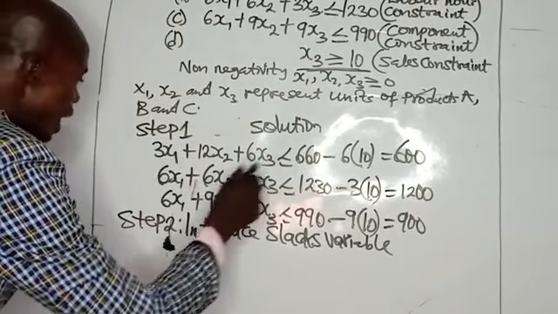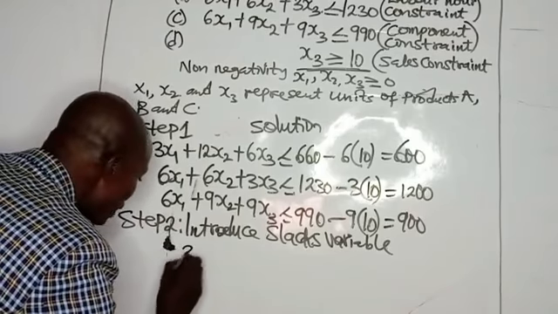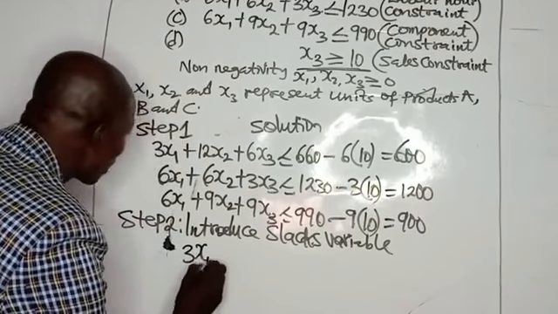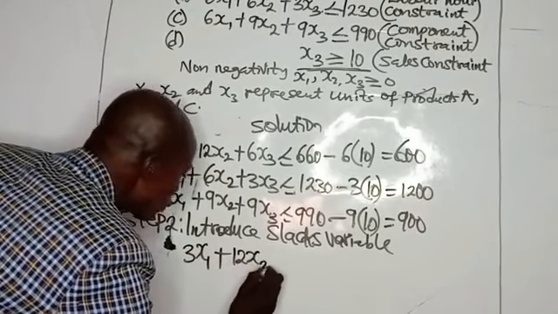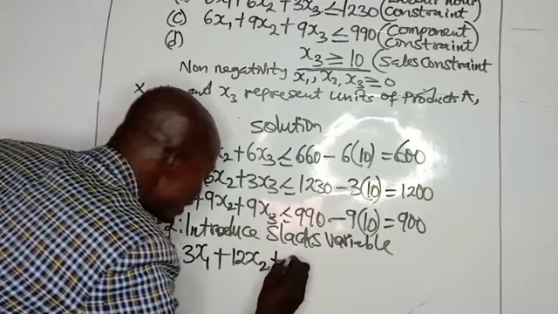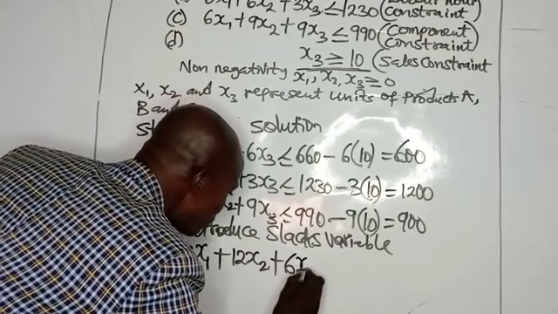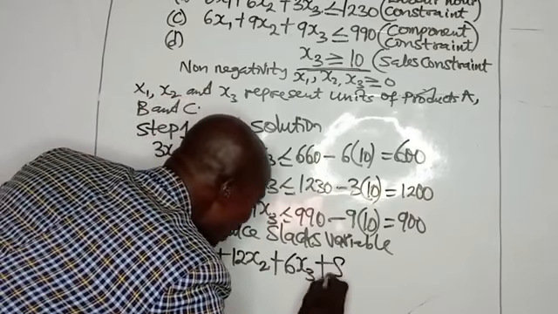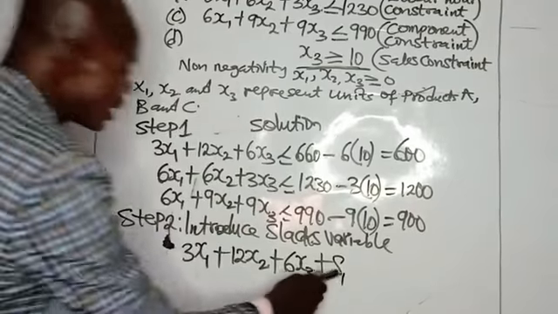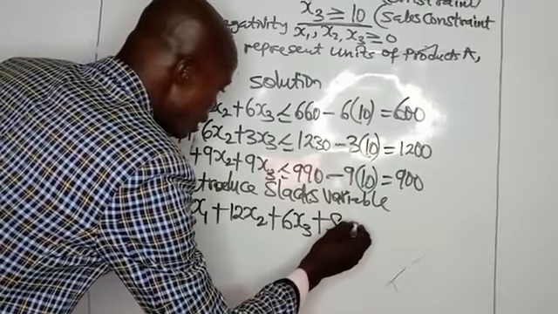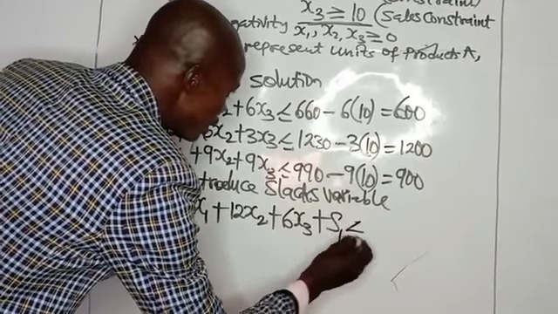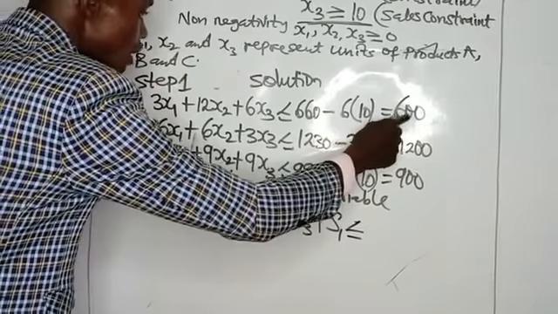So now we have 3x1 plus 12x2 plus 6x3 plus, let's say, slack 1. Let S1 be the slack 1. Then we have less than or equal to, you are left with 600 here.